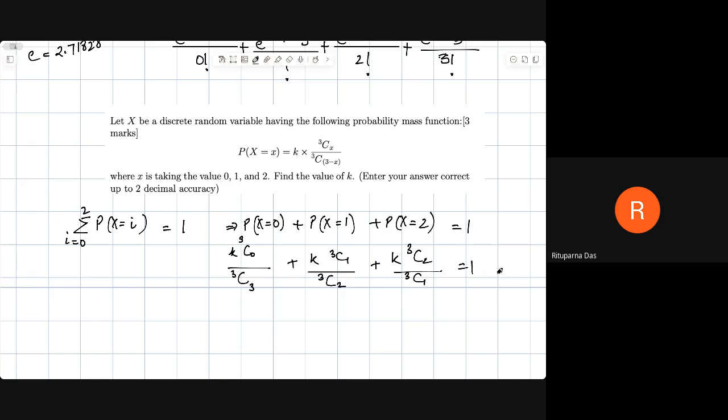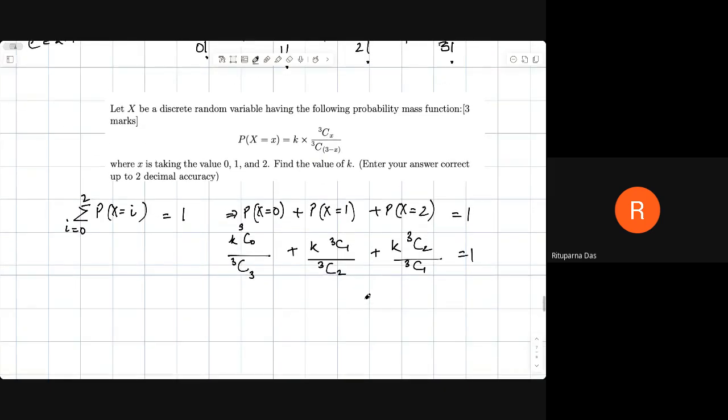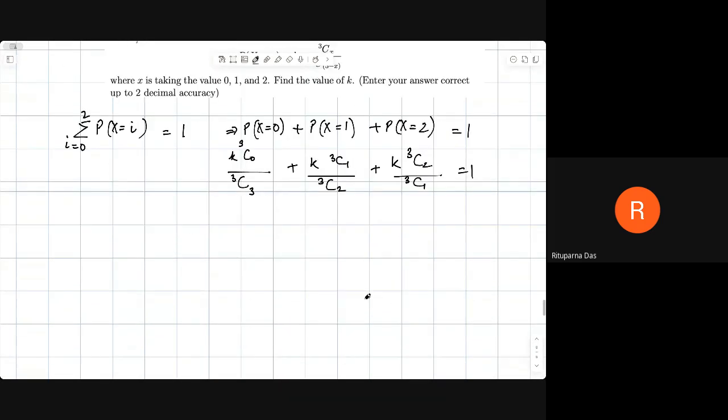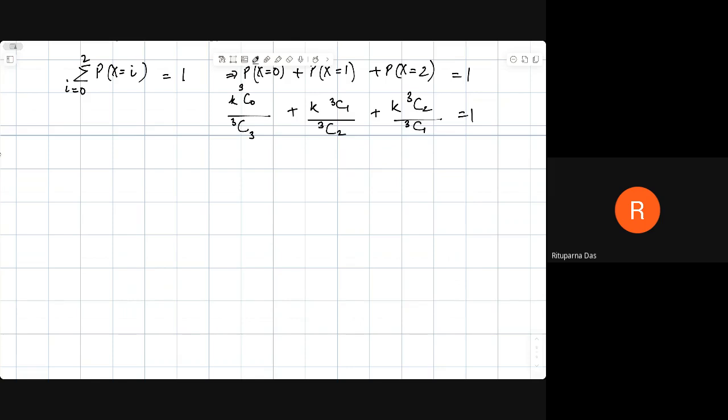It is 1. So now we know the combination formula and we can solve it and find the value of k. Okay. So this is one question.